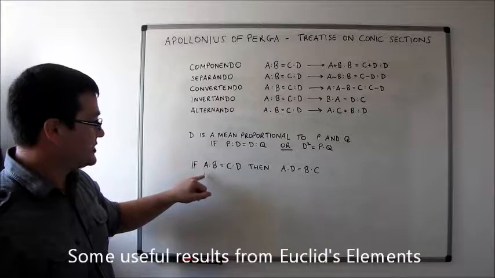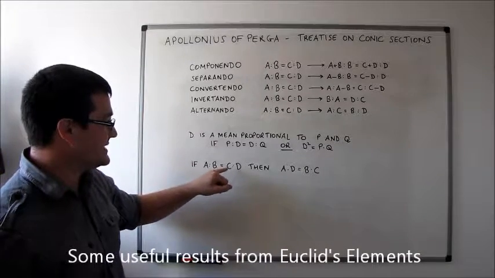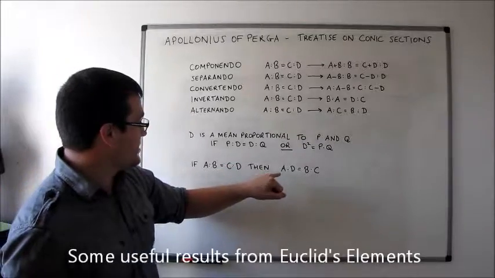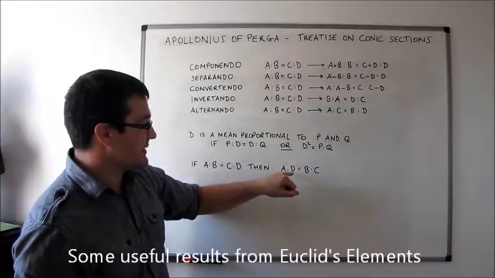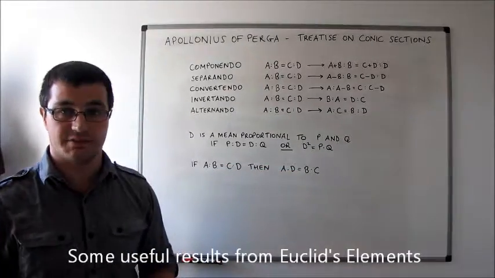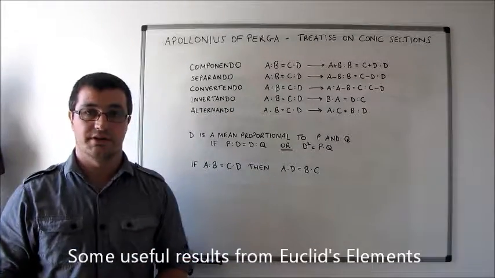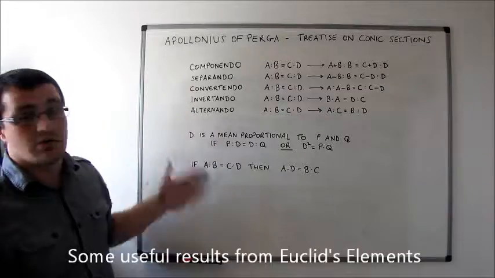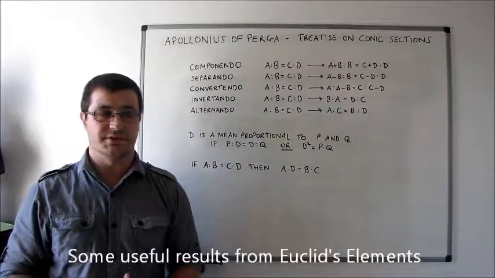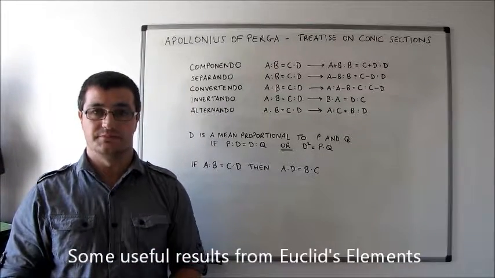If I know that the ratio of A to B is equal to the ratio of C to D, then I know that A multiplied by D is equal to B multiplied by C. So all of these are used quite extensively in Apollonius, and they all come straight from Euclid's Elements, particularly Book 5.